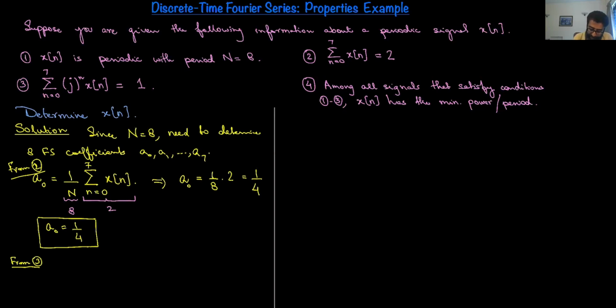Let me write it out. I know that the summation from n equals 0 to 7 of j raised to the power n times x of n is actually equal to, let me just write j as e raised to the power j pi by 2.